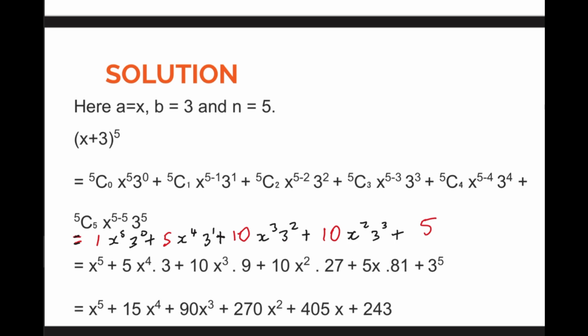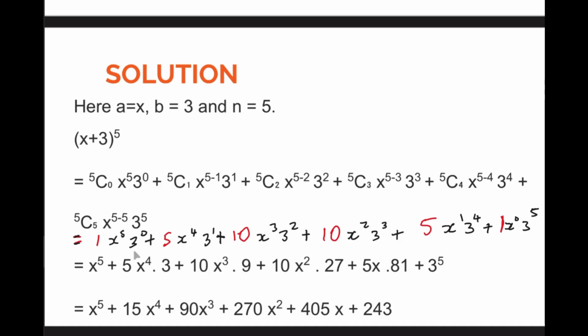And then x to the 1st power now, and 3 to the 4th power, and then plus 5 choose 5 here is going to be equal to 1, right, 1, and then x to the 0 power, and then 3 to the 5th power.